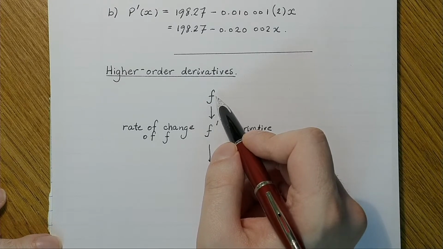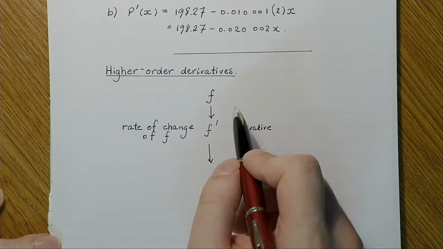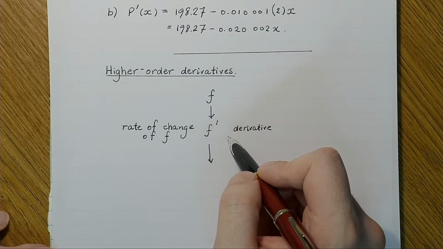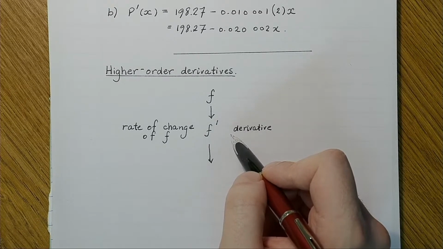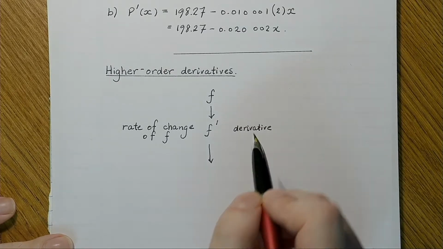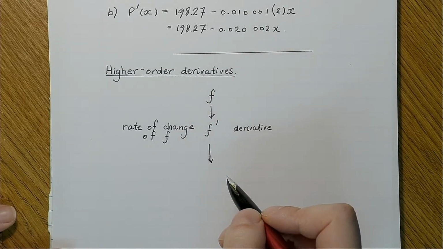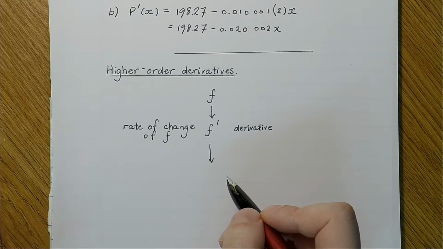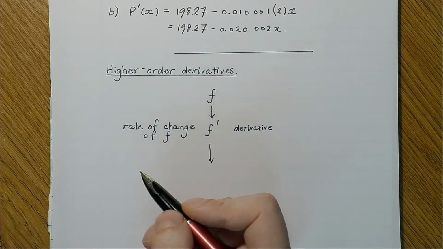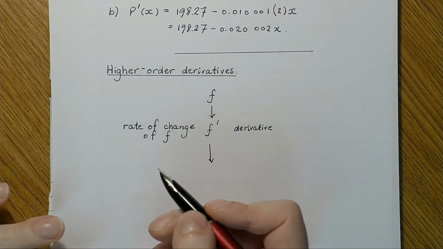For instance, we have the profit function. If we took the derivative of that, that gives us the marginal function. So that would give us the rate of change of our profit. But maybe perhaps you want to know how quickly the rate of the profit is going to increase, so we can see if it's increasing or decreasing.